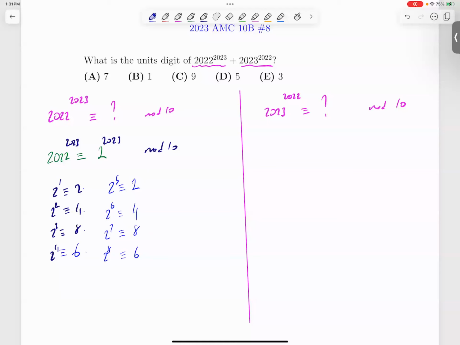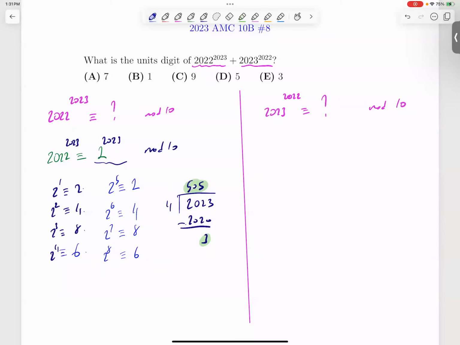The remainders of the powers of 2 when we divide by 10 follow that cycle of 4. Now we have 2 to the power of 2023. If we divide 2023 by 4, we get 505 and the remainder is 3. This cycle will go on 505 times, and the remainder is 3.